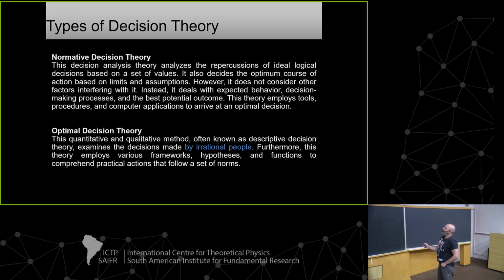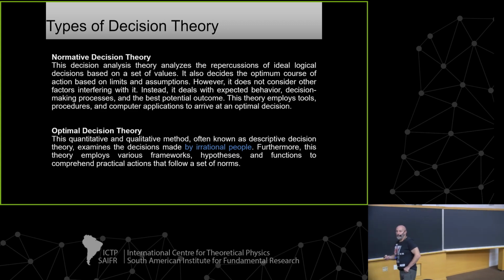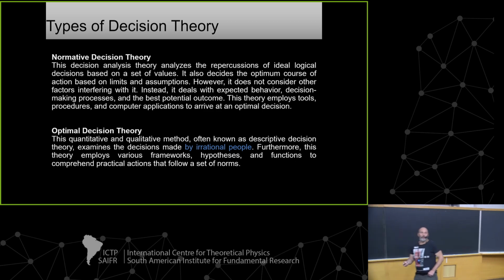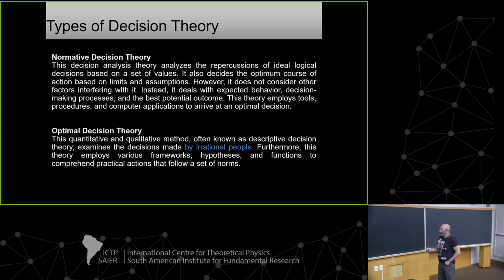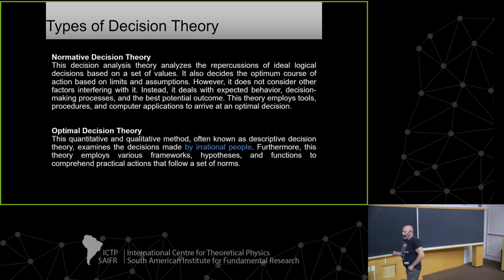So contrary to what we are doing here in normative decision theory, where we have clear rules because the individuals are rational and predictable, and we know how the decision-making will proceed, when we are talking about descriptive decision theory, we are dealing with irrational people. So we cannot proceed in the same way.